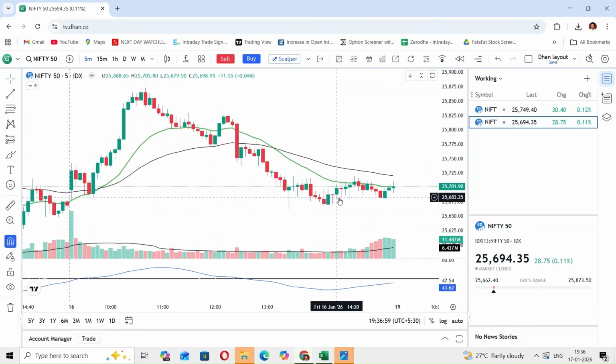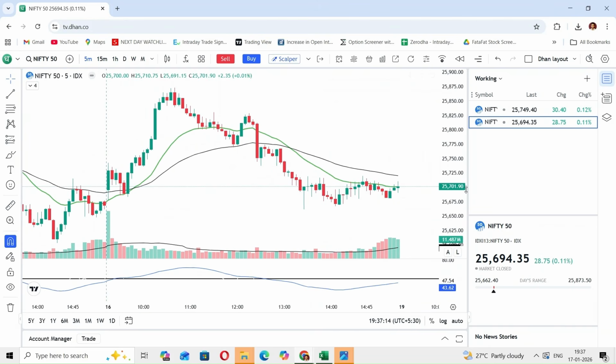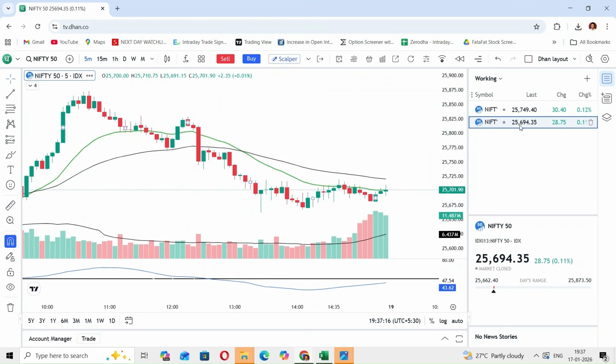If you want to do option selling, that is also fine. You know how option selling works: whenever you take a call trade for buying, you have to sell the put accordingly. So here, Nifty is trading around 25,700.